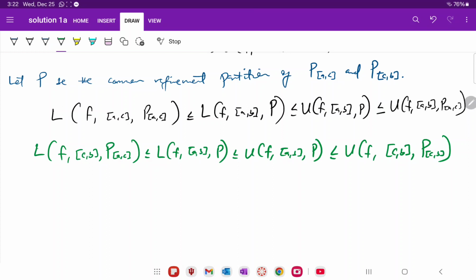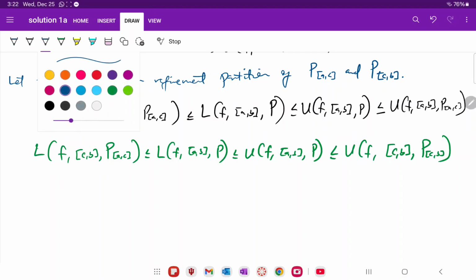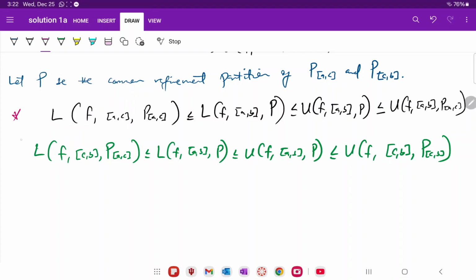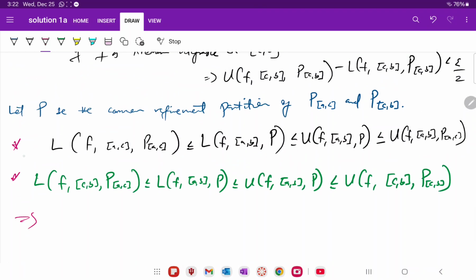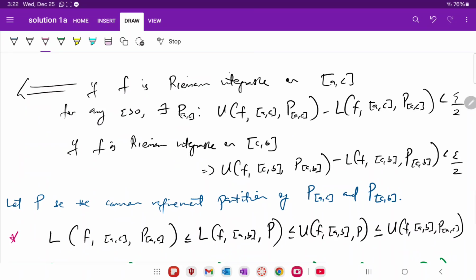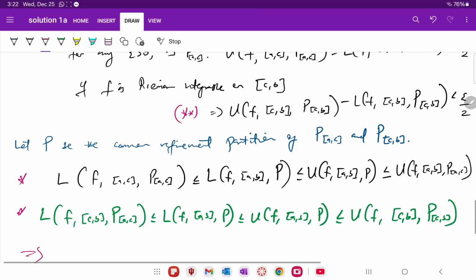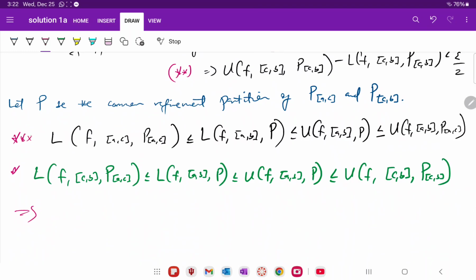So by the time you sum up these two, let me list these properties: 1, 2, 3, and then 4.